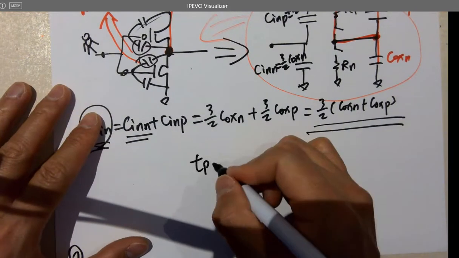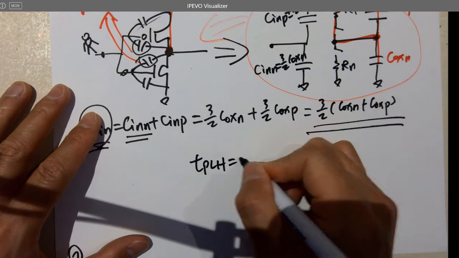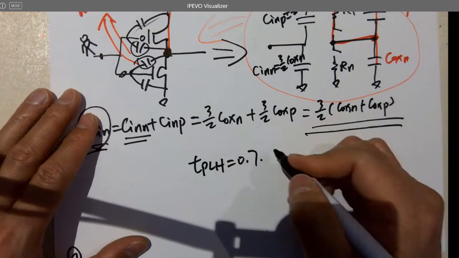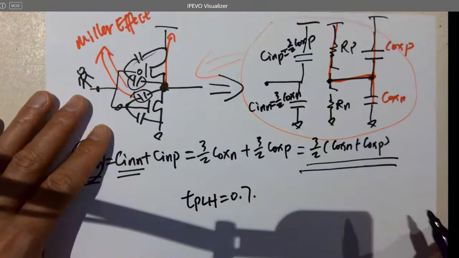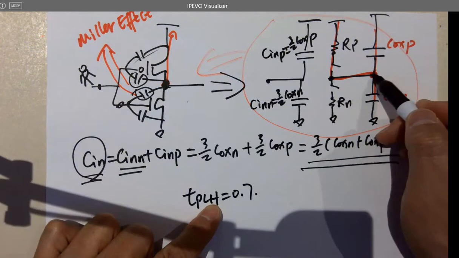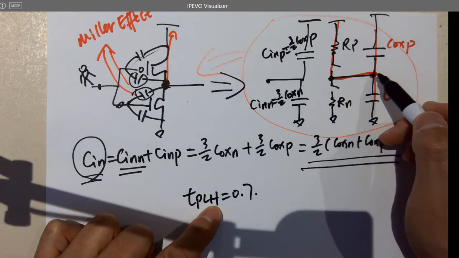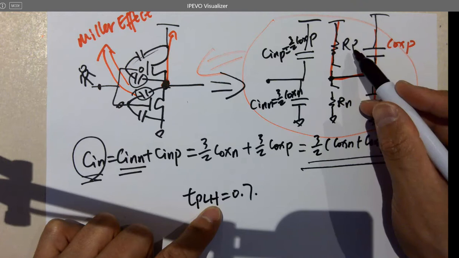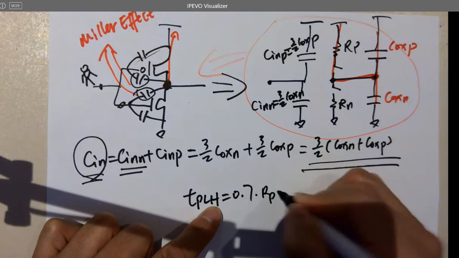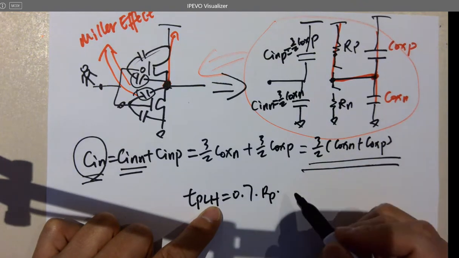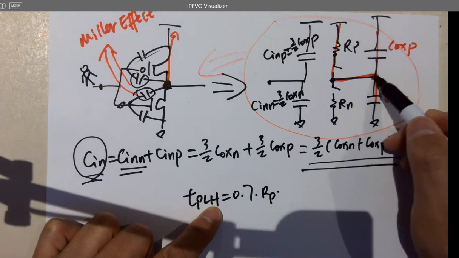So really quick here, TPLH equals to what? 0.7 times. LH is driving this output pin from low to high. So which resistor is functioning there? RP. What's the overall capacitance being added?